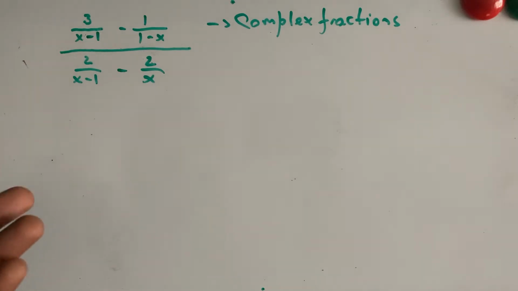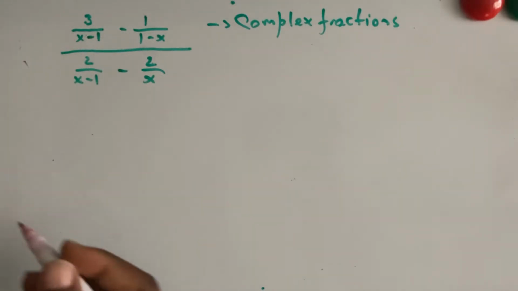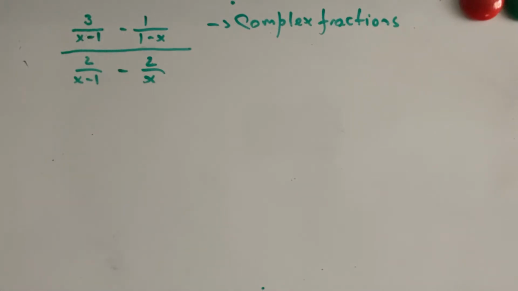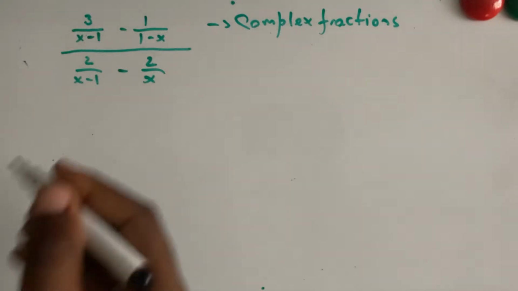Again, if you don't know how to do that, refer to my other video. I believe I explained that in one of my other videos. Okay? All right, but I'm going to change it. Factor out the negative sign, the -1. Okay, so let's go.